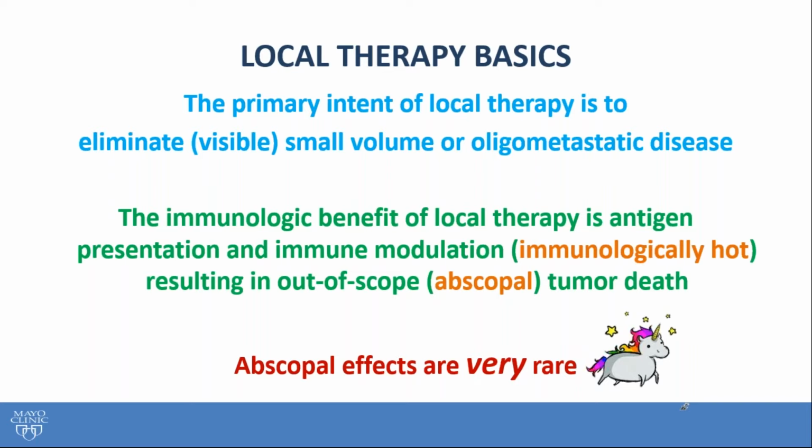And this, hopefully, results in an activation of the immune system, which can be observed in the form of an out-of-scope or abscopal tumor effect. And again, abscopal effects are even rarer than the responses that we see that are very deep with standalone immunotherapies like checkpoint inhibitors.